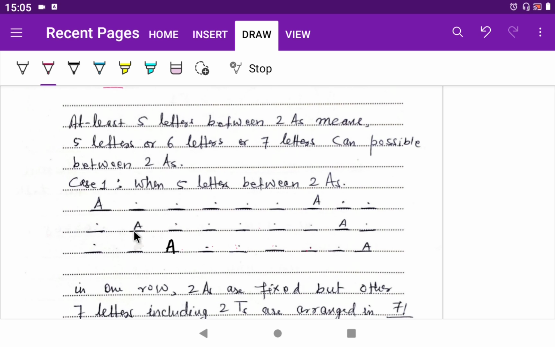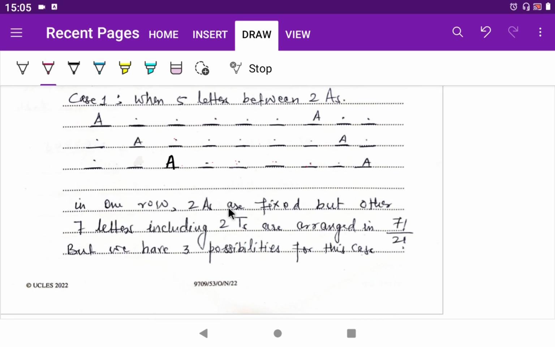Now at the second position there is A, so again 5 different values in between, 1, 2, 3, 4, 5, and here A. Now let's say the first 2 positions are left empty. So A, 1, 2, 3, 4, 5, and this. So we can make 3 possible cases in case 1.